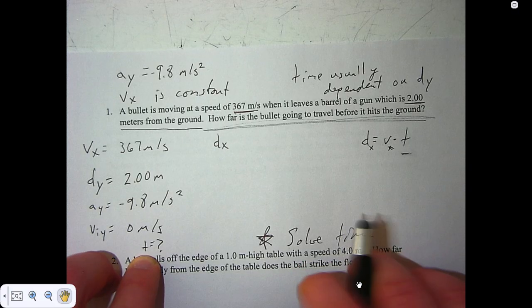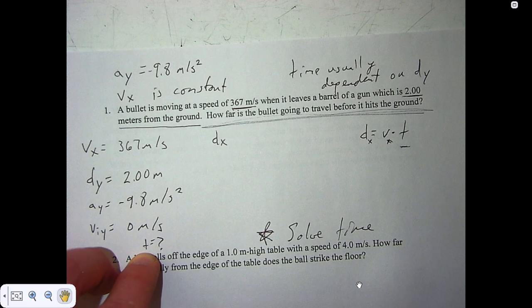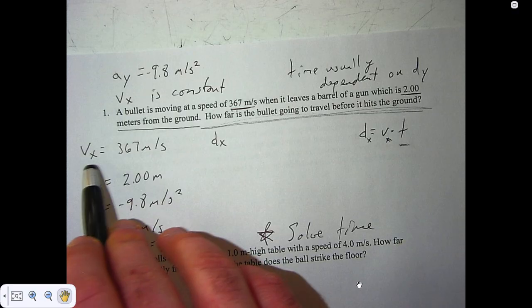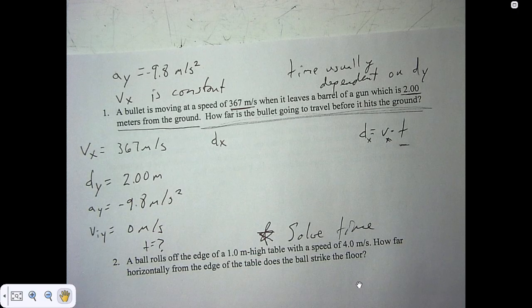Get out that equation card. Figure out which equation has these 4 variables in it. Vx here is just the velocity. Vi is the initial velocity, or VIY.